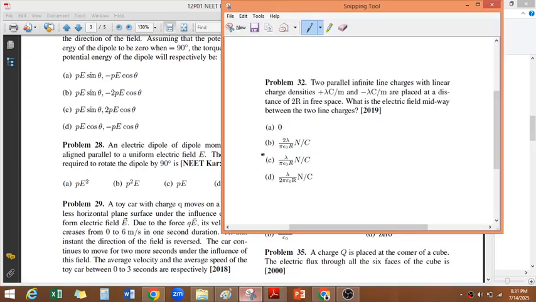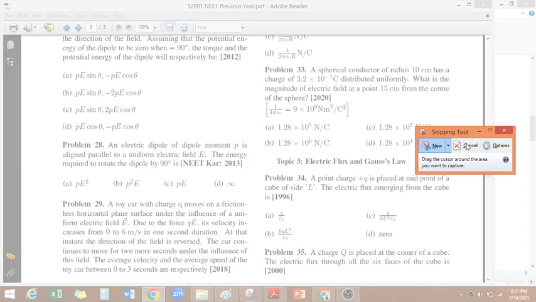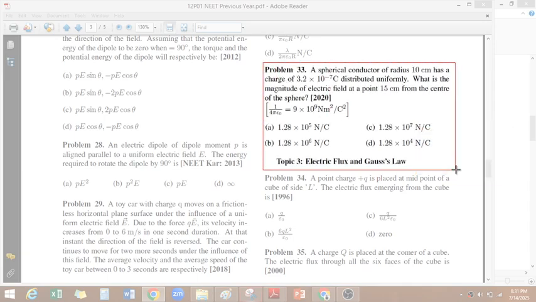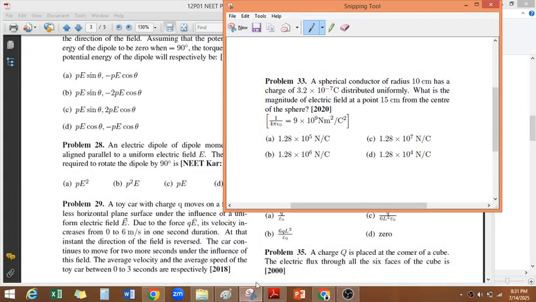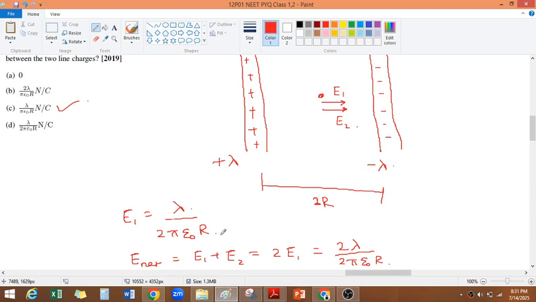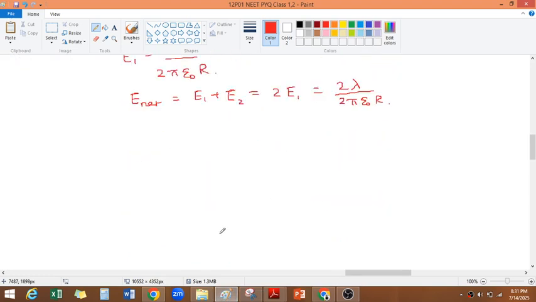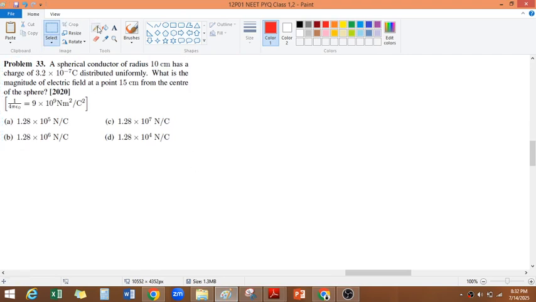Question number 33. A spherical conductor of radius 10 centimeter has a charge distributed uniformly.